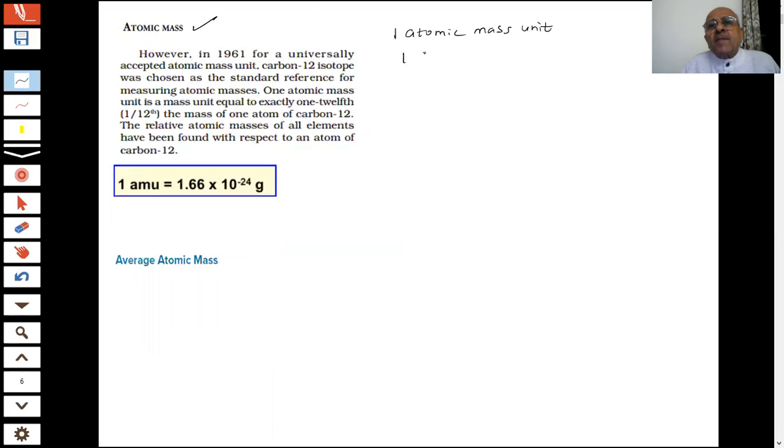I can represent it as 1 AMU. Nowadays they represent it as 1 U. So 1 U or 1 AMU, one atomic mass unit, is defined as exactly equal to 1/12 the mass of one atom of carbon 12.